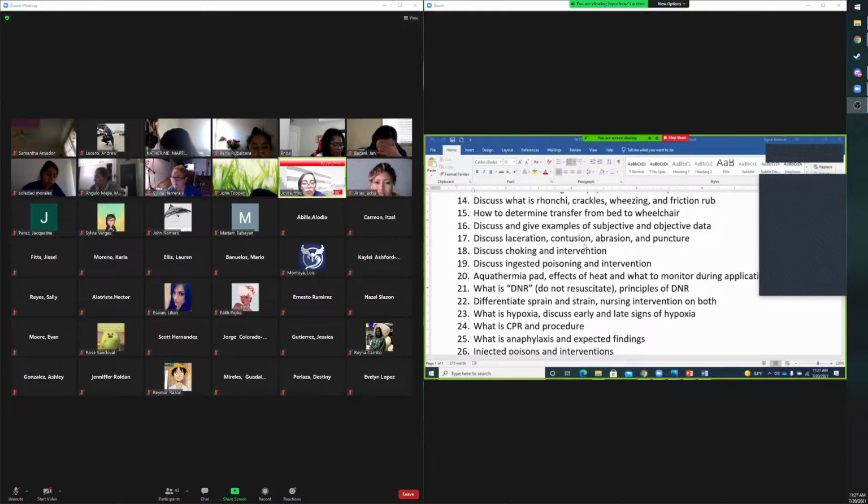Discuss laceration, contusion, abrasion, and puncture. You have to differentiate these, guys. Laceration is a jagged cut, not cut straight. It can be from an accident, like glass cutting someone, jagged, not equal.